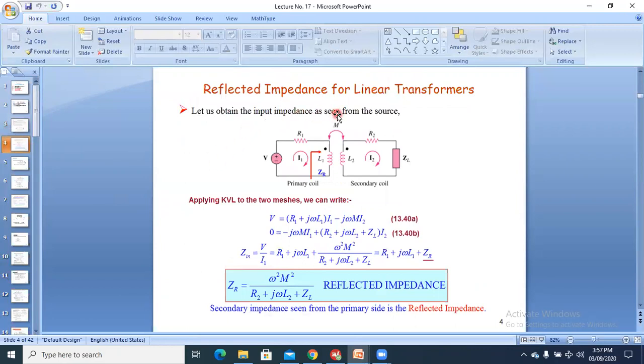So there is the impedance of this second network, and we have the impedance of this primary network. These two impedances must be matched.